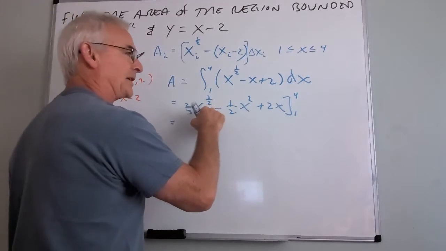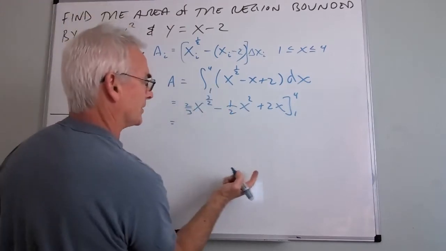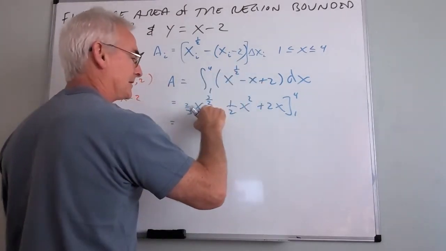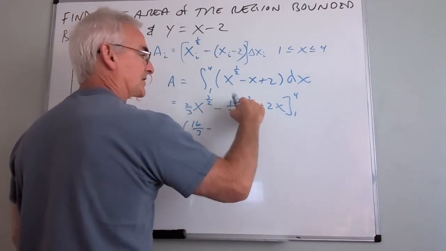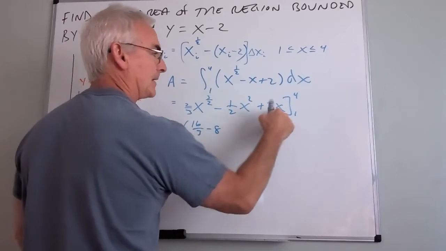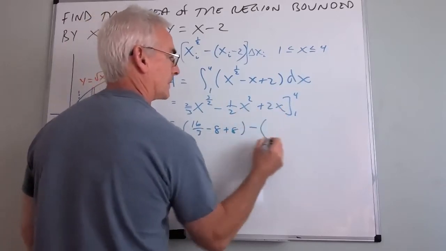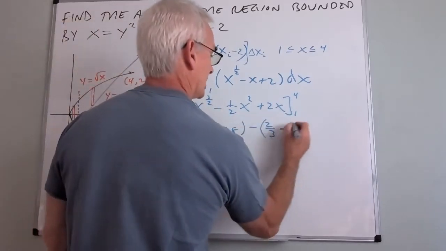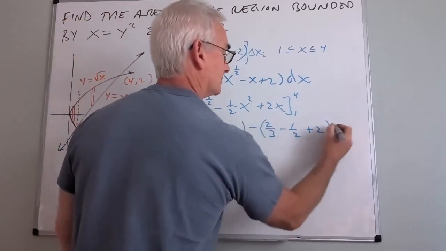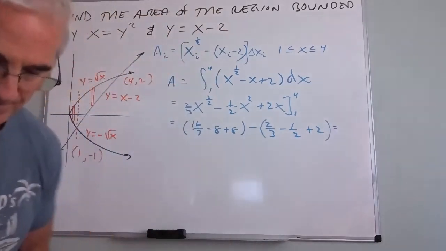Okay, 4 to the 3/2. That's square root cubed. That would be 8. So that's 16/3, minus half of 16, plus 8. 1 to the 3/2, that's just 1. So that'd be 2/3 minus 1/2 plus 2. All right.